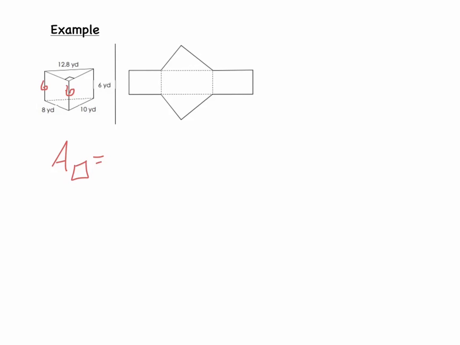For this first rectangle, it's base times height, so it's 8 times 6. For the next one on the right side, we have 10 times 6. And for the one in the back, this one is 12.8 times 6.